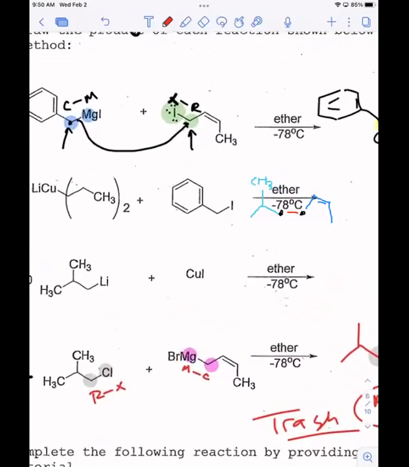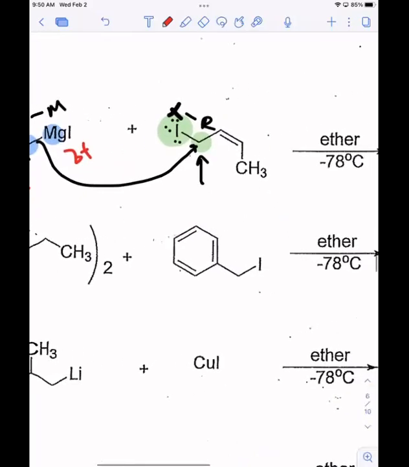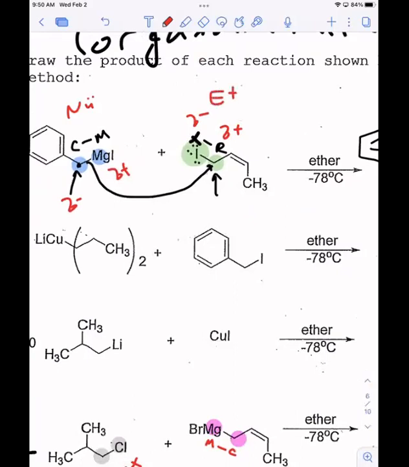So right here, this carbon is partially negative. This is partially positive. For this one, this is partially negative, and this is partially positive. So that's where the reaction is going to take place between the carbon that's partially negative and the carbon that's partially positive. It all goes back to nucleophile, electrophile chemistry. This is your nucleophile. This is your electrophile.